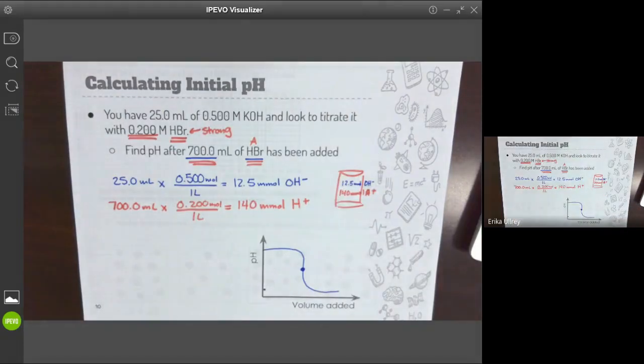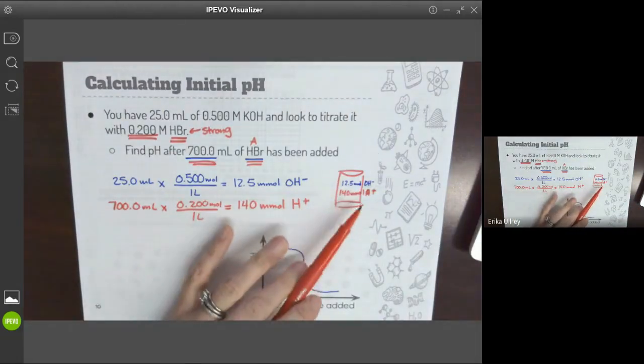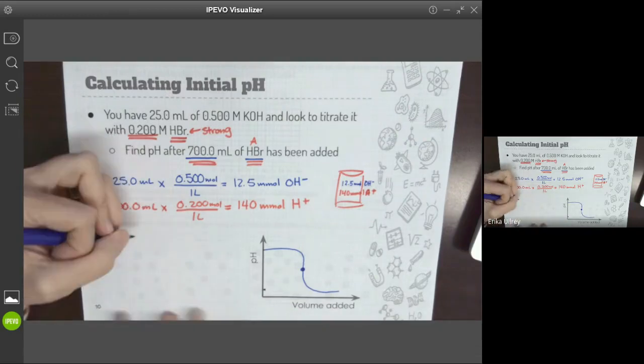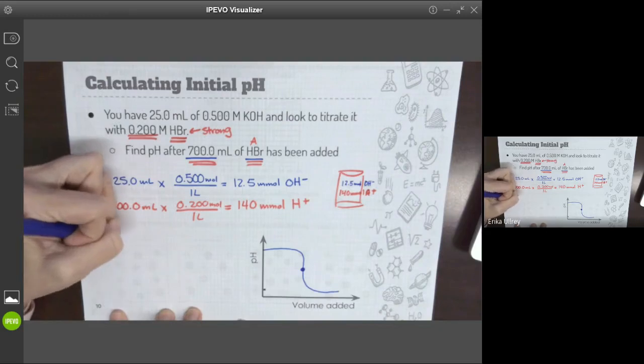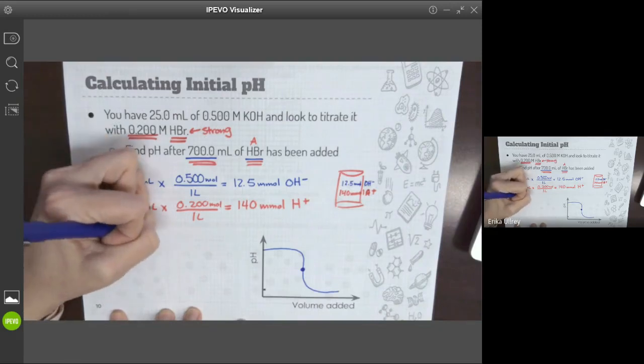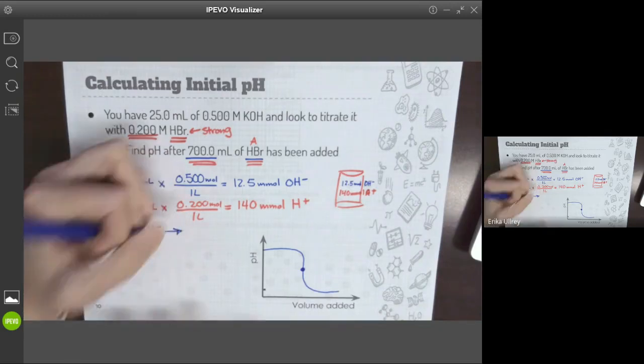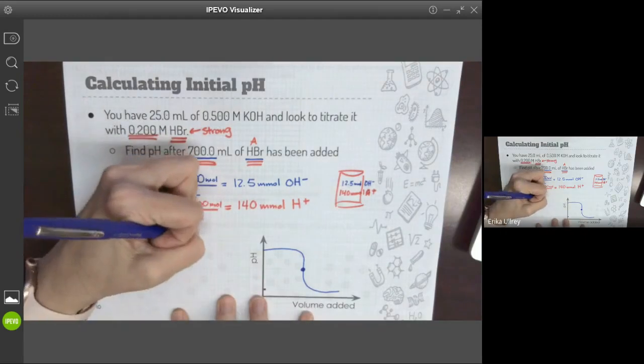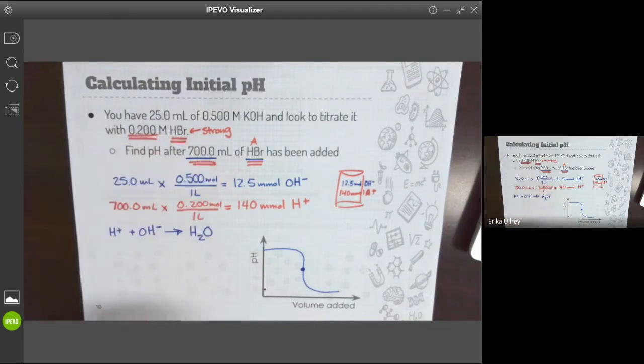So what's going to happen to these moles of hydroxide? What happens when we add H plus and OH minus together? What do they make, Emily? HOH, also known as liquid water. Yep. So they're going to form H2O.